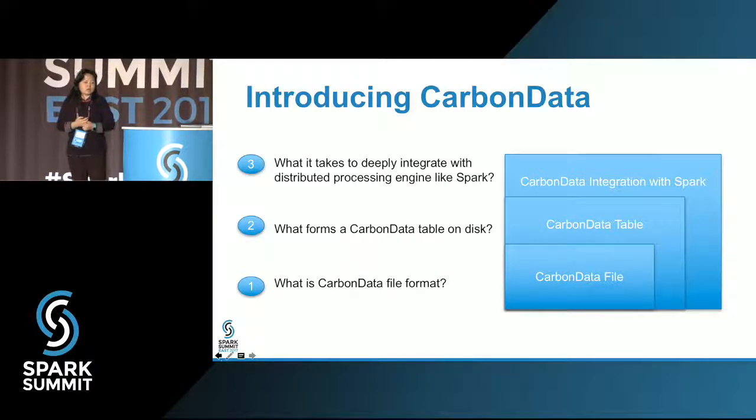Then we're going to move on to what forms a CarbonData table. Beyond CarbonData files, there is metadata information as well as index information we store for query processing. Lastly, we're going to talk in great detail about how to integrate CarbonData with Apache Spark to leverage the indexes we introduced in Carbon.